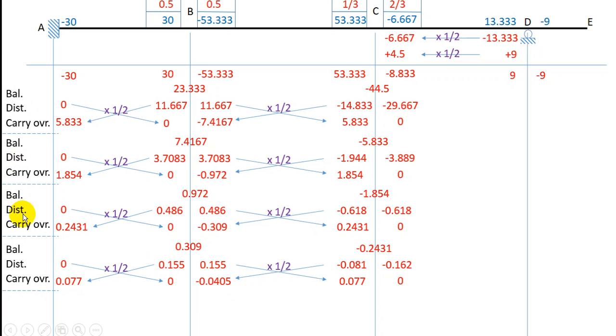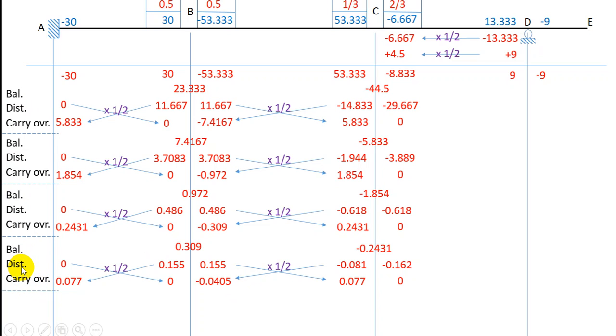So we have done 4 iterations here, but there is one very important thing that you have to remember: you cannot stop your iteration at the carryover step. You have to always stop your iteration at the distribution step.